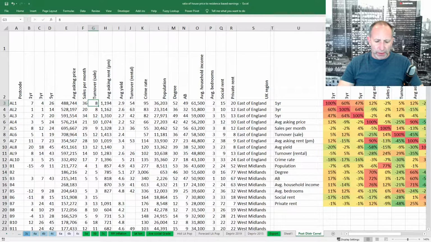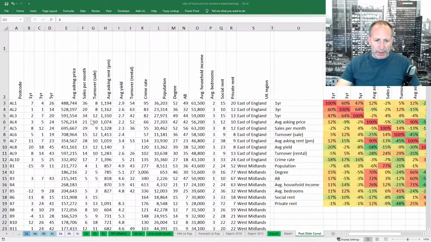This is the percentage of properties, based on total stock, that have been sold each month. So if you've got 100 properties on the market somewhere and you sell 10 of them, that's 10% turnover. Average asking rent is fairly self-explanatory.